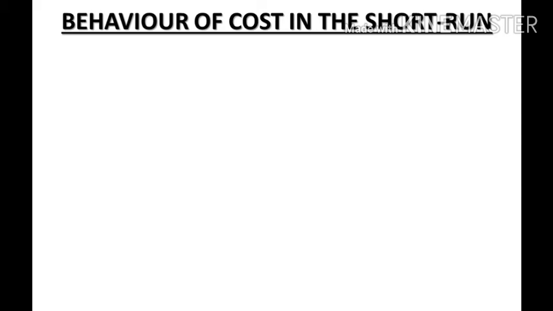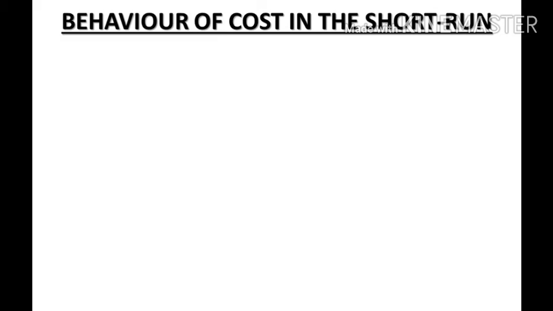One is short run cost function and the second is long run cost function, as we have short run production function and long run production function. And accordingly, we can explain the behavior of cost also with change in output in the short run and in the long run.